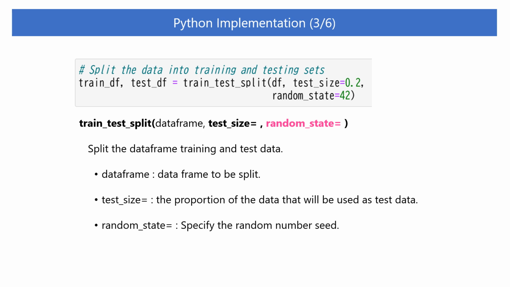By doing so, we can compare different prediction models using the same data under the same conditions. There are no strict rules for the value to be set for random_state, but conventionally, we usually use 42, 0, 7, or 123.